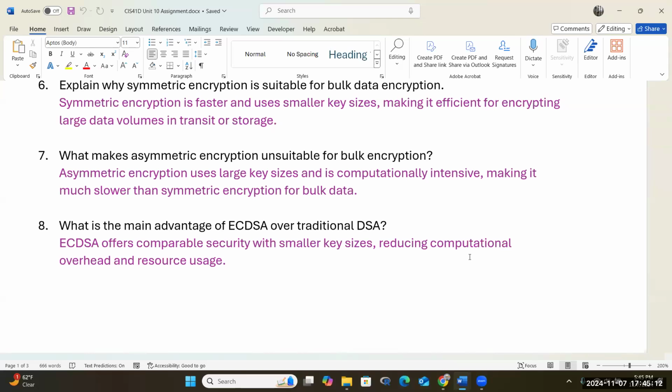So whenever you see less in the key length, that just means less processing and less storage that we require, like RAM, right? So the processor always requires RAM to be able to execute things, to perform a task. So what you see is ECDSA is better than traditional DSA, and we'll touch on that section next.